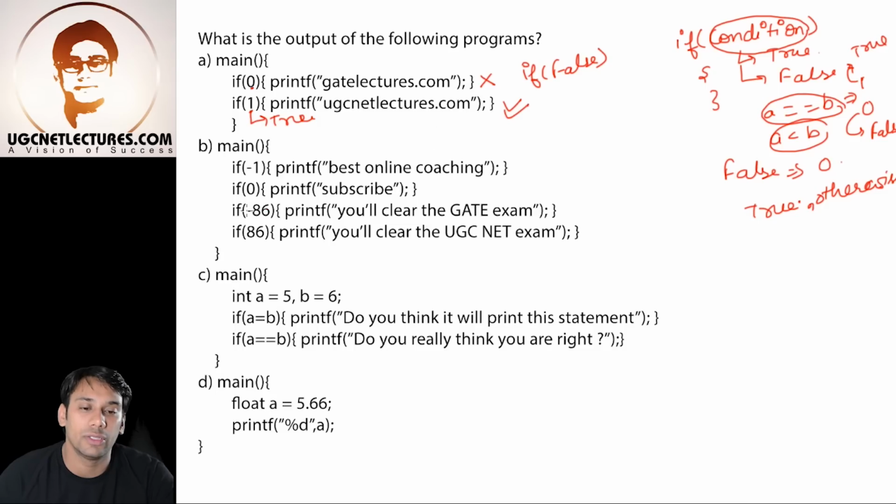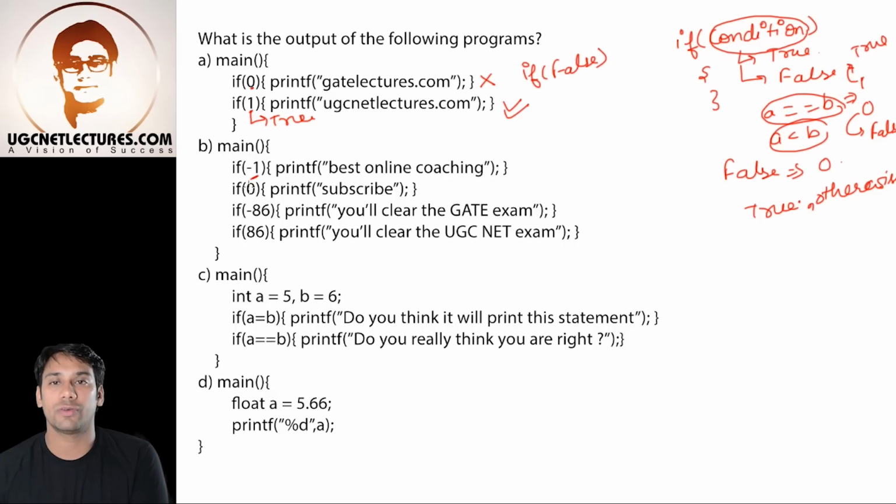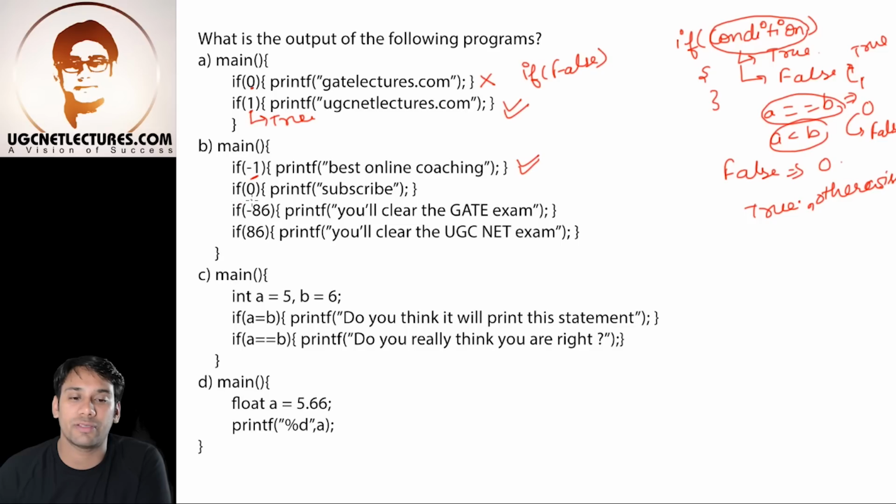In the next line we have if -1. Whenever the user types any number other than 0, that means it is true. So if -1, this is a true condition and it is going to print this statement. And the next statement is if 0. If 0 means it is false, so this statement will not be executed.